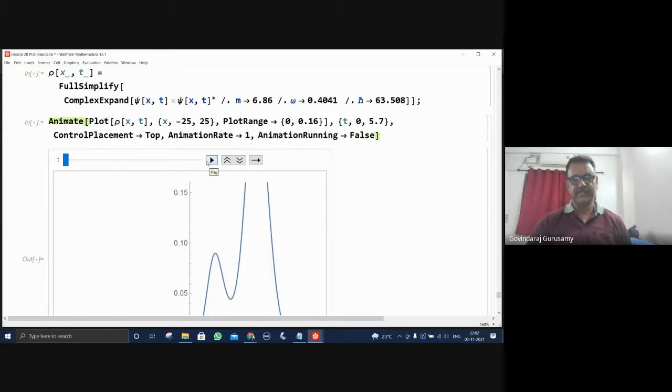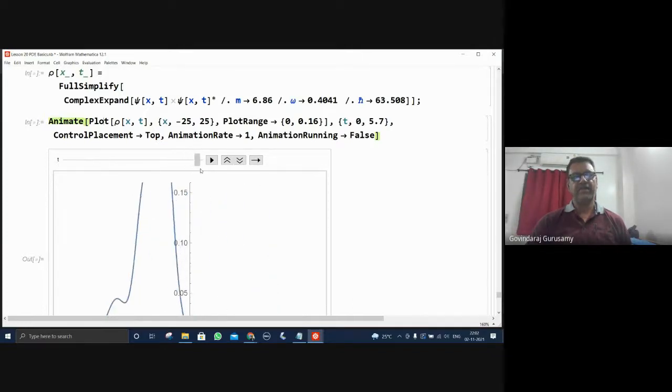This is not necessary with Animate because it is already stored in the animation form. It is available for you to use even without executing. With Animate, after execution, if you go out and come back, it's not available again, whereas this will be available for you.